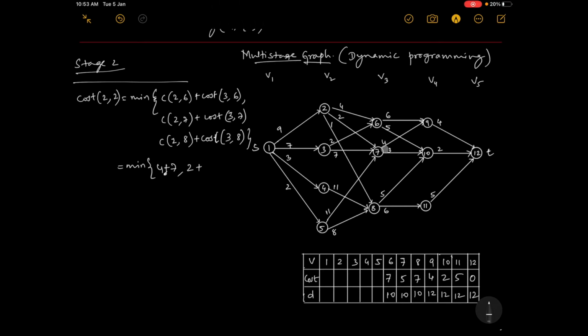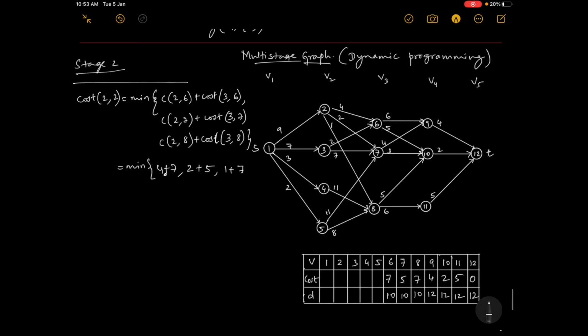It is 2 plus 5, comma, 1 plus vertex 8, cost is 7, so 7.